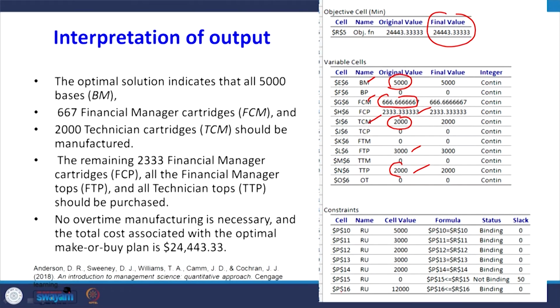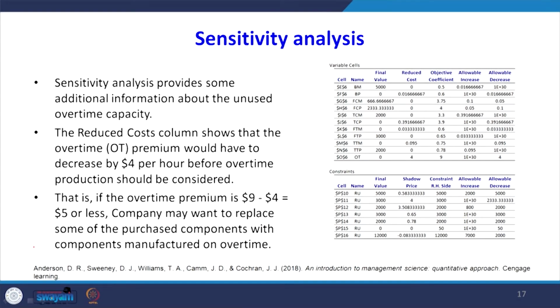No overtime manufacturing is necessary, see that the value for overtime is 0, and the total cost associated with the optimal make or buy plan is 24,443. Now, we will interpret the sensitivity analysis report.